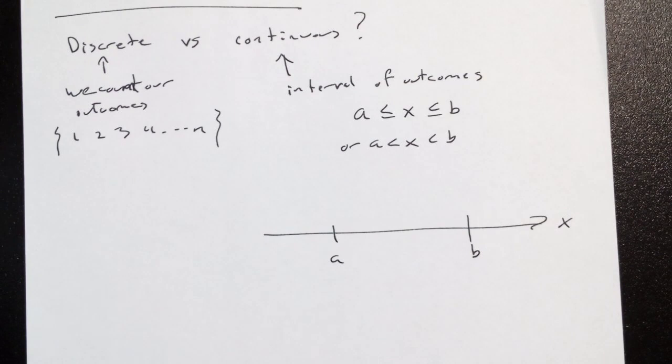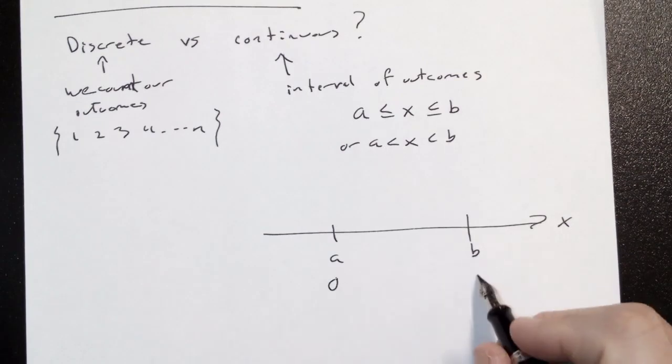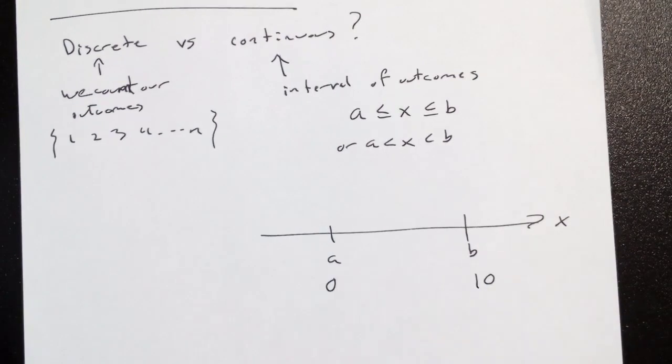I'm going to make up a couple of numbers moment. Let me just suppose that A is 0 and B is 10. And I say I'm going to pick a number randomly between 0 and 10.